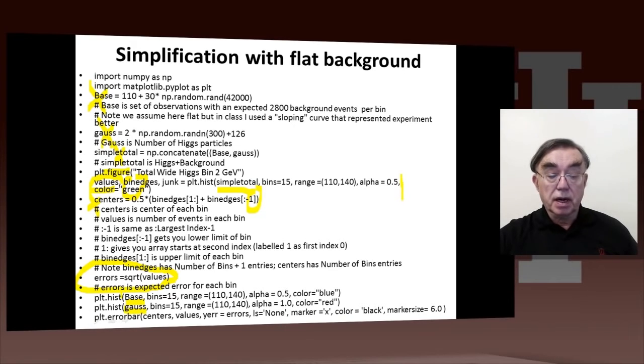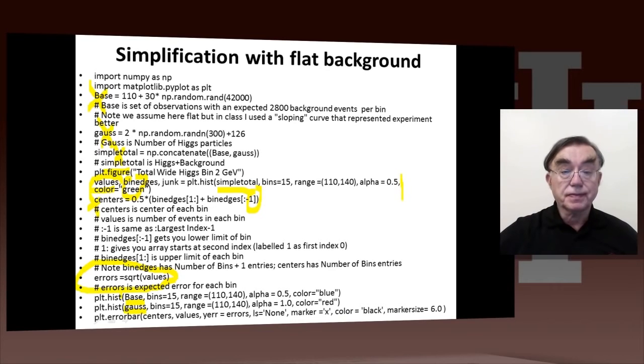The error bars have an x value given by centers, a y value given by values, and they have error given by errors. And then we specify the default line style, ls, marker, which is going to be an x, that's the midpoint of the error bars, and the color is black, and then the size of the marker we set to 6 points.